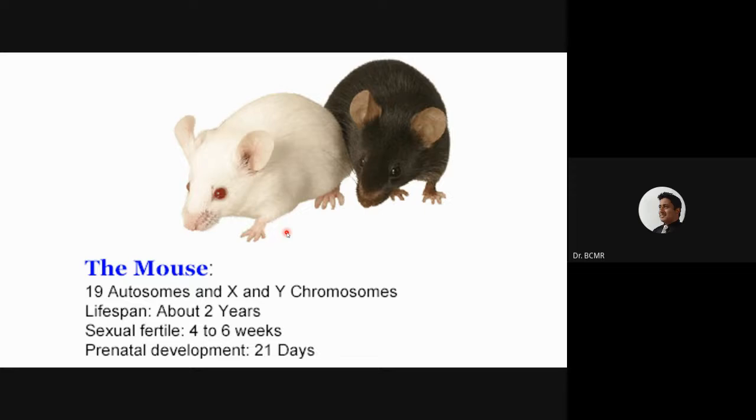There are going to be ethical issues, of course, because we are going to try it on organisms. Mice are favorites because their lifespan is short, they come to maturity very fast, and then they give birth as well. The generation time is short.